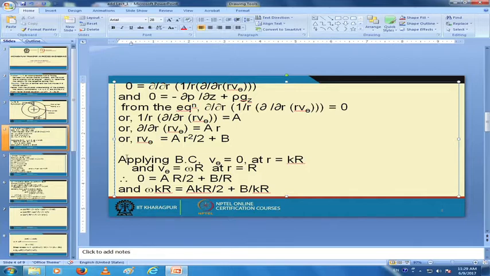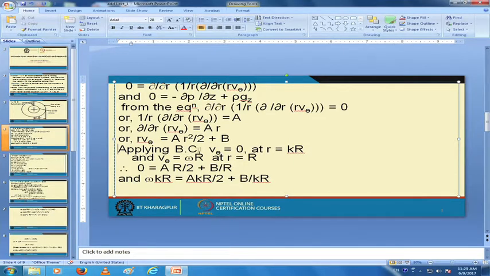We can write then that boundary condition v theta is 0 at r equal to kR, and v theta is equal to omega R at r equal to R. If we put this boundary, v theta equal to 0 at r equal to kR, then you get here kR square.